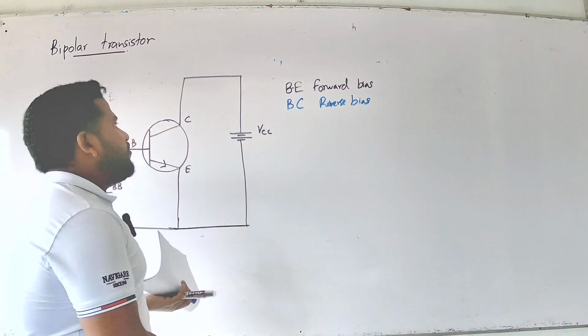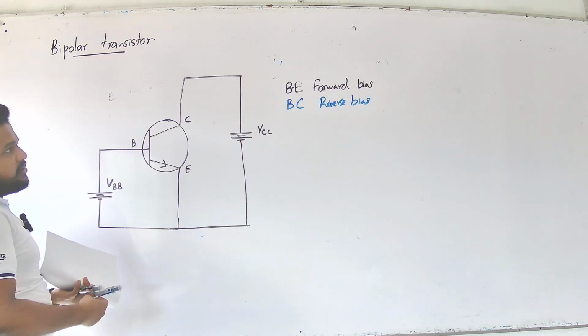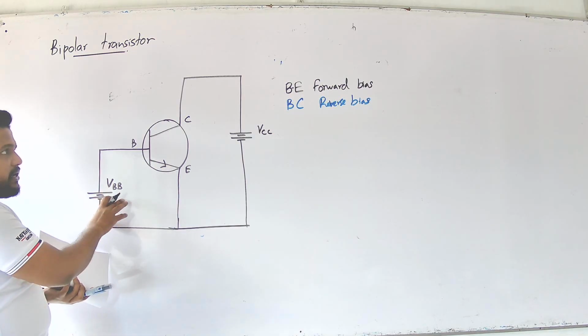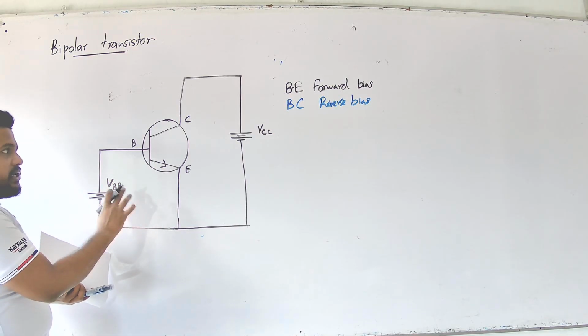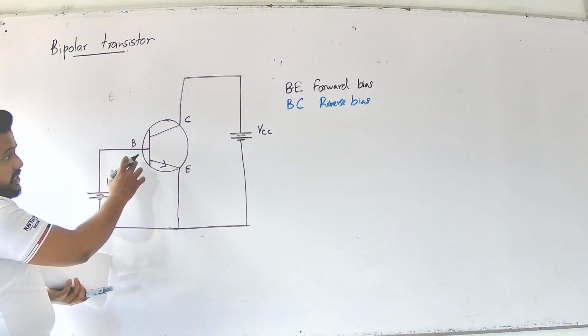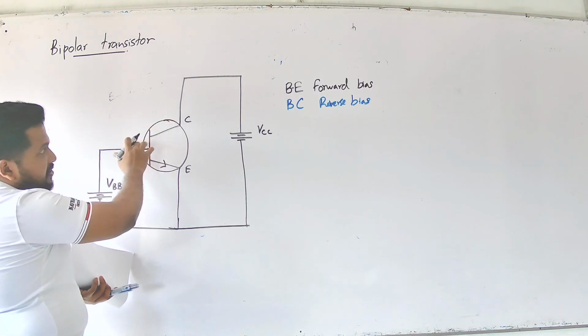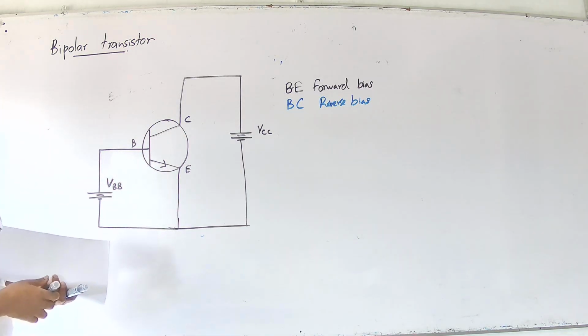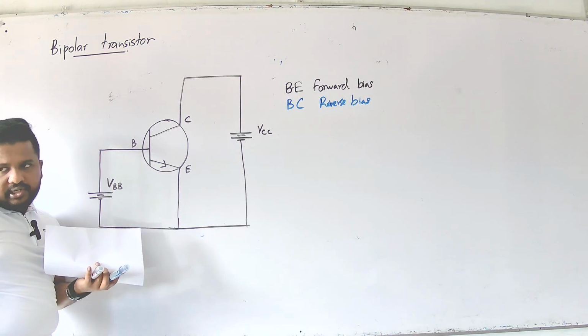So we first use this method: use the voltage to forward bias the BE junction and reverse bias the BC junction, right? Then we can go to the active region, right?